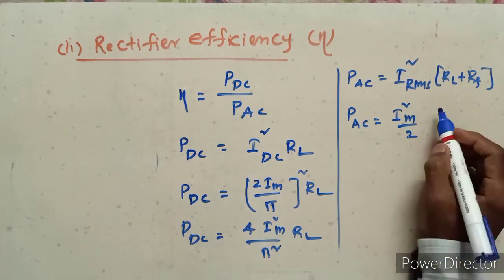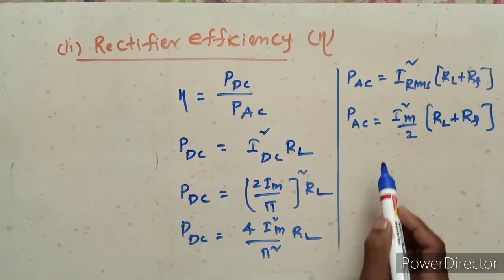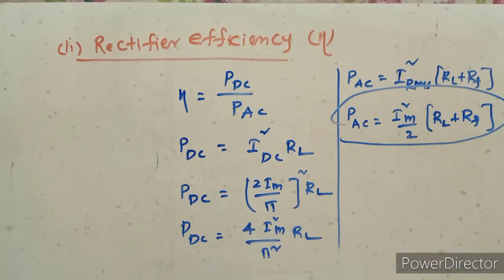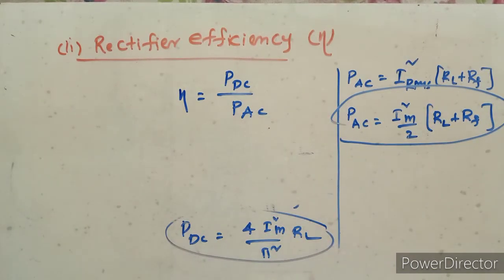Next, RL plus RF is in the input power, and this is the output power. So this is the ratio. Then these two equations are substituted in this equation.